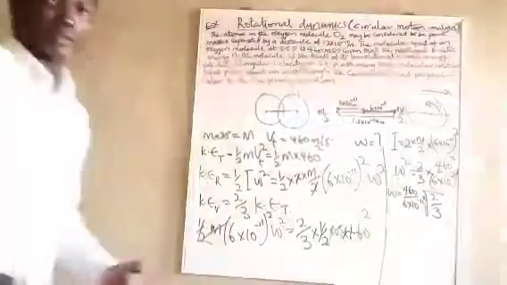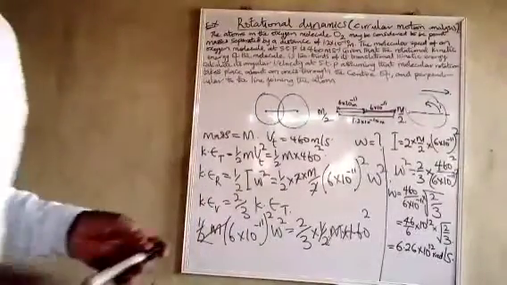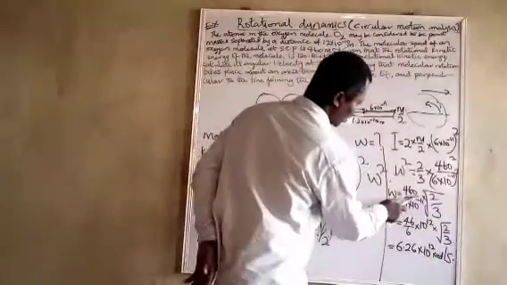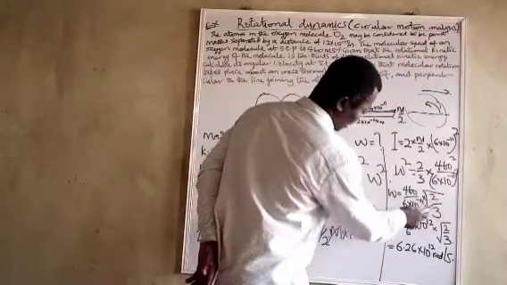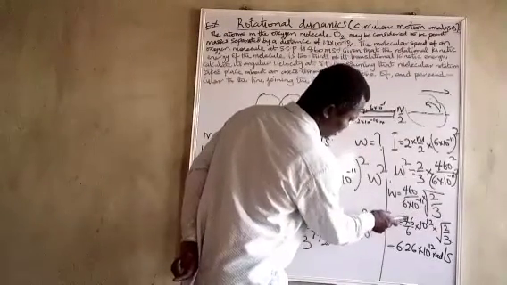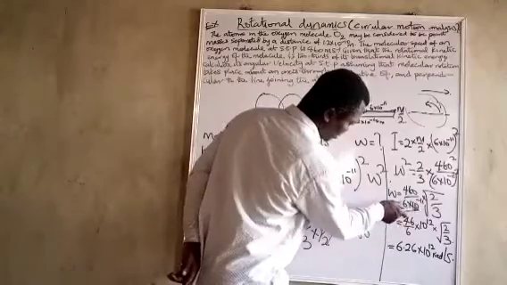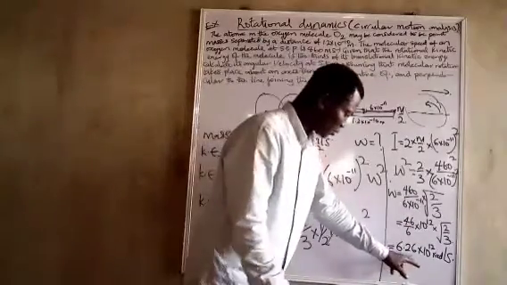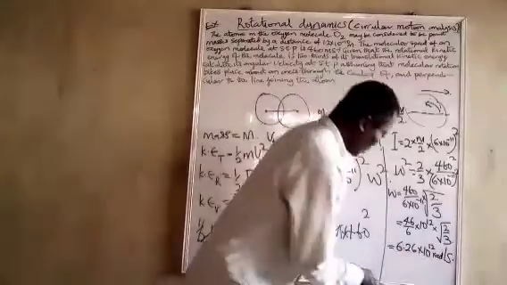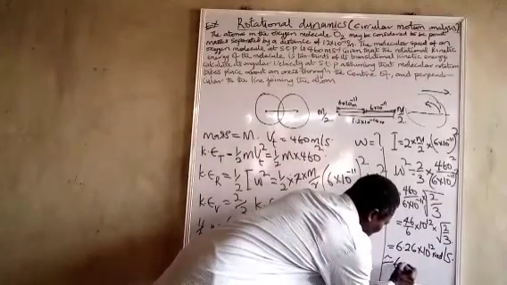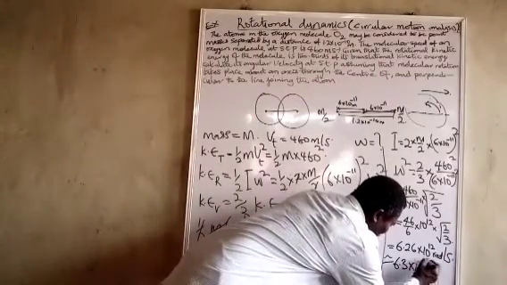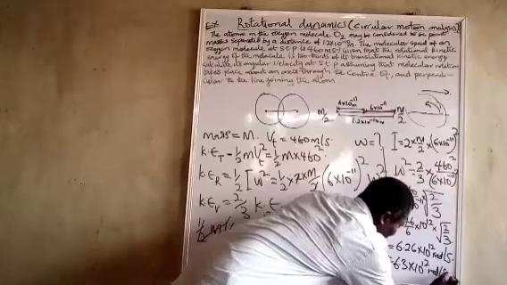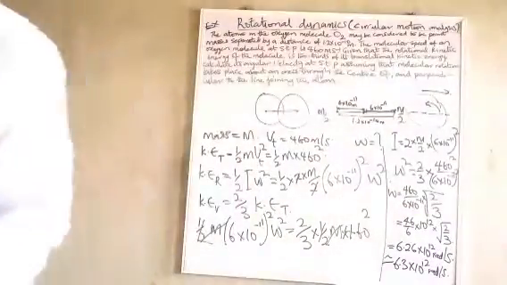So let me solve that straight. I made it 46 over 6 times 10 raised to the power 12, because this one will be times 10 here. So at the end of the day, I got 6.26 times 10 raised to the power 12 rad per second. And I can still approximate it to 6.3 times 10 raised to the power 12 rad per second. So you can see, very straightforward and easy.